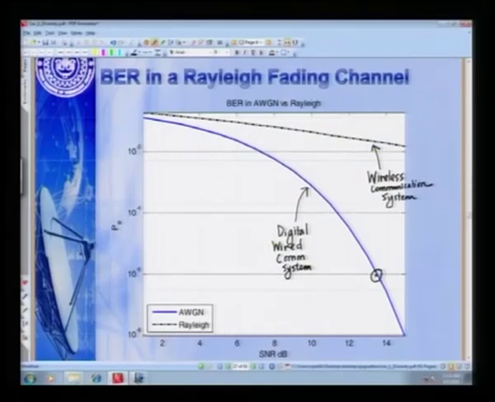All right. Now, at the same 13.6 dB, let us look at the corresponding bit error rate of a wireless communication system, that is not even 10 power minus 2. All right. In a wired communication system the bit error rate is 10 power minus 6 at 13.6 dB, whereas in a wireless system it is not even 10 power minus 2, it is much greater than 10 power minus 2.